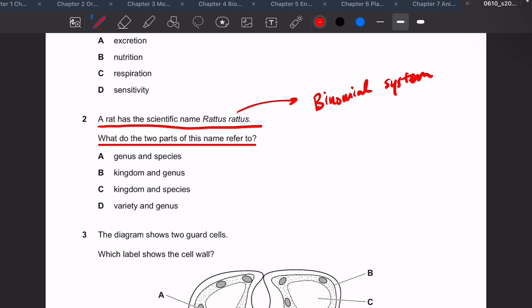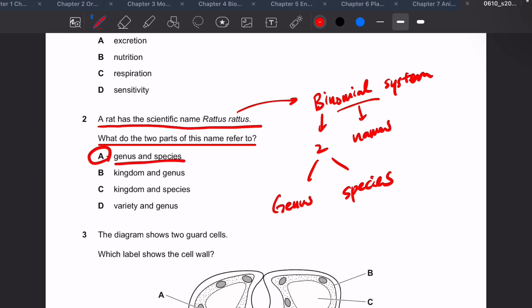Bi means two, nomial means names. So you're giving two names to the organism, and the first one should be genus. The second one always should be species. This question was quite an easy one. So the answer should be genus and species.